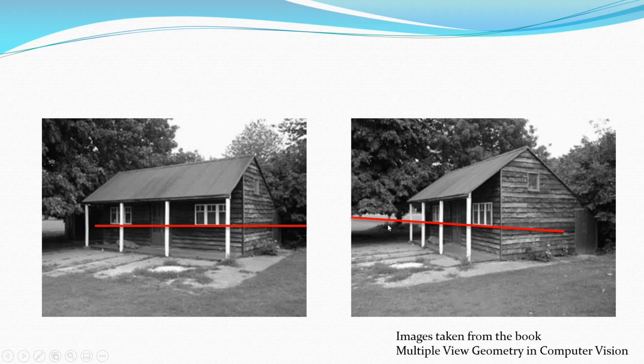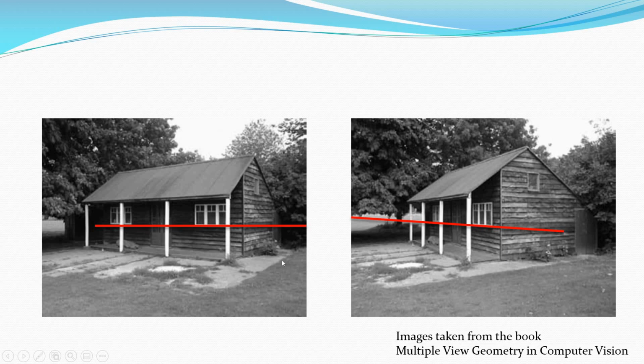So that is one of the problems faced by epipolar geometry. This is the first thing that we are going to see: how can we find the line that we want for a particular point? The points on this line map to the points on this line in the other image.